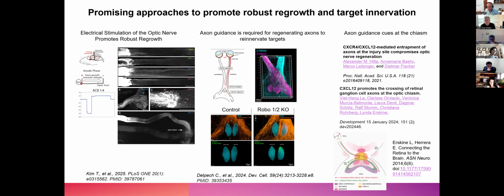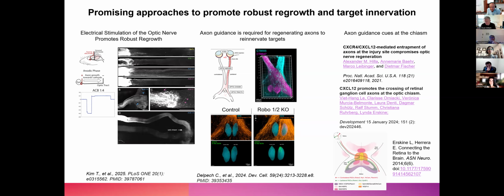The studies on the right also talk about how several chemokines can be involved in guiding these RGC axons, either by silencing them or leveraging those ligand receptor interactions. All of these are really important lessons to think about. How do we use some of these either together or in combination with other approaches to get axons past the chiasm and into the brain in higher numbers?